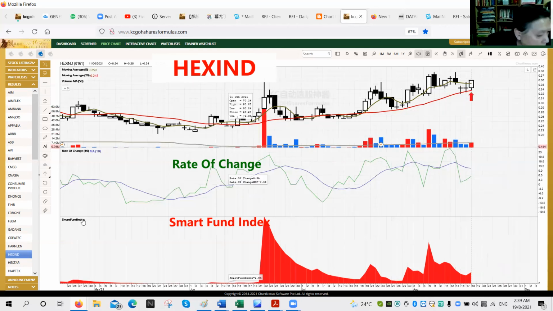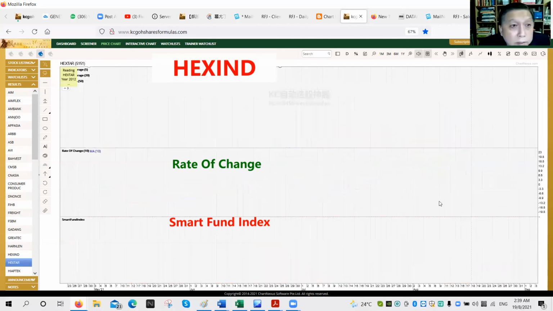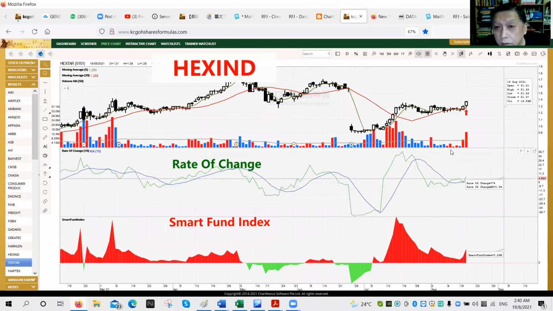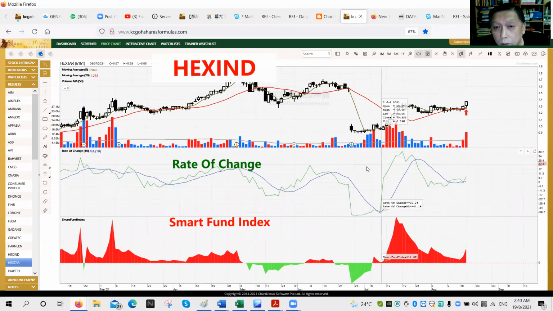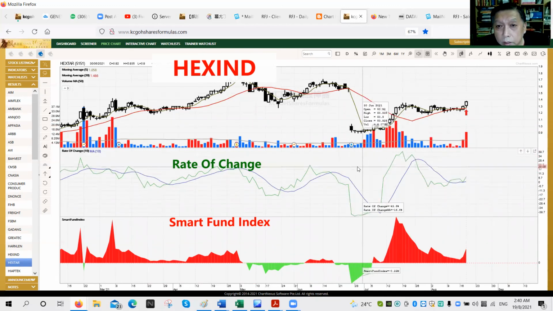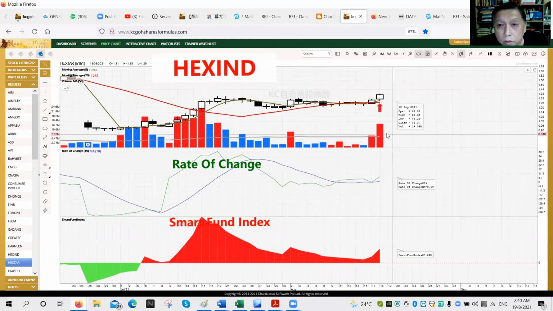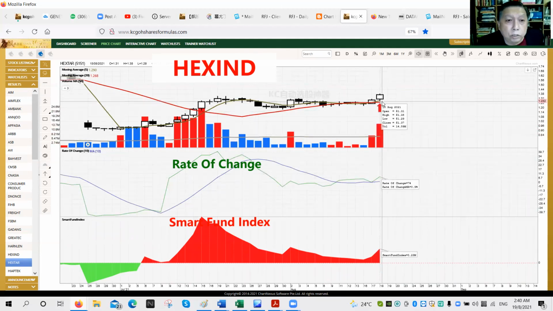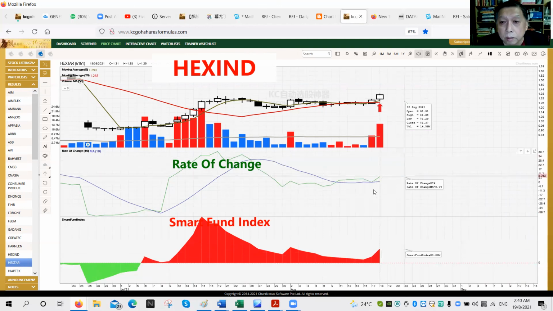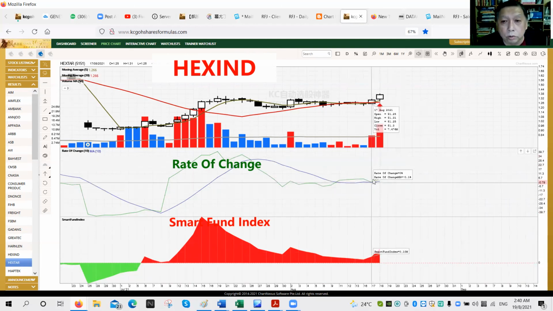Okay, the other one is Hectare. Also there's some corporate exercise going on, but this one, the price has crossed above the 20-day moving average line, and the smart fund index has returned, and ROC also curves up.